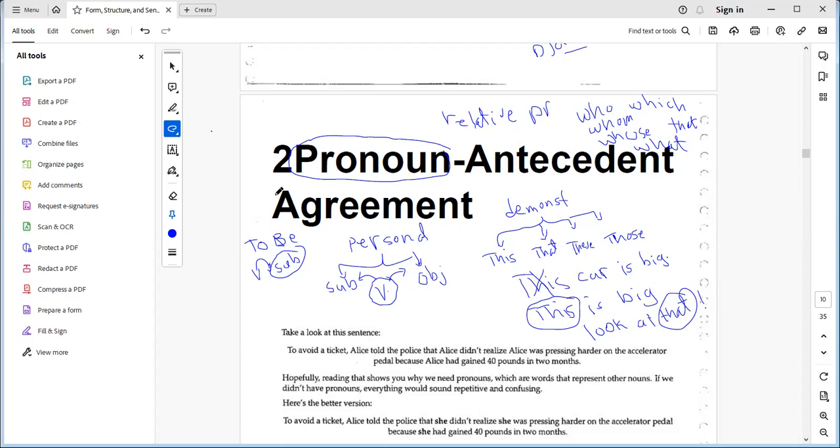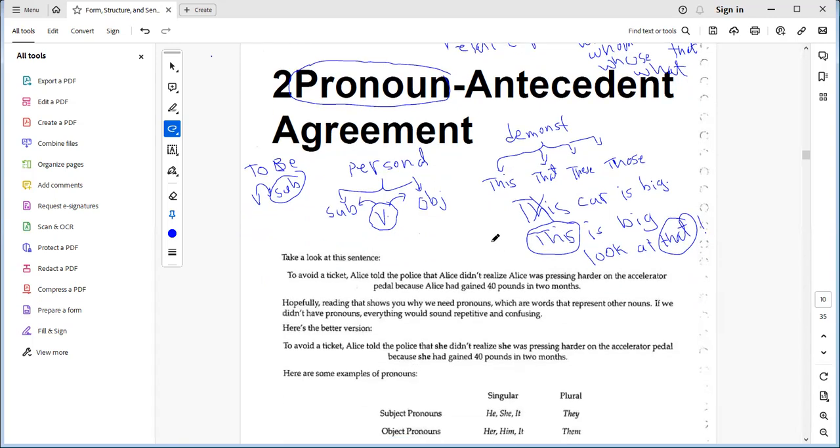Because of that, everyone can take both his or her, except if I told you every one of the boys, his or her or their, it's going to be his, because here we're talking about the boys and we know that every is singular.